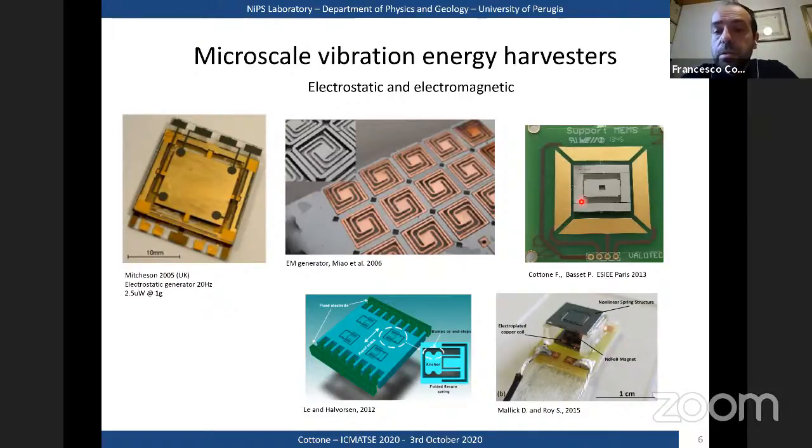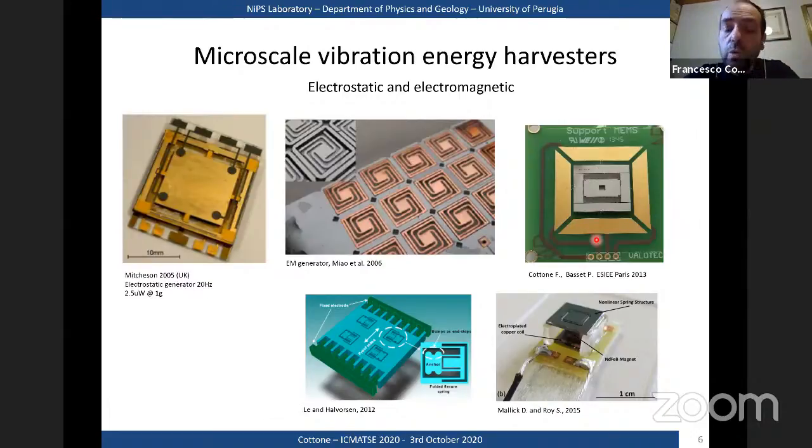This is based on silicon, manufactured by deep reactive ion etching, and the area is about 1 centimeter by 1 centimeter, and this is quite efficient at low frequency.